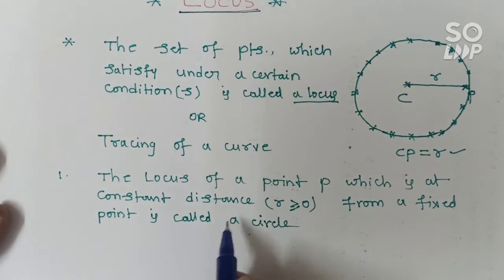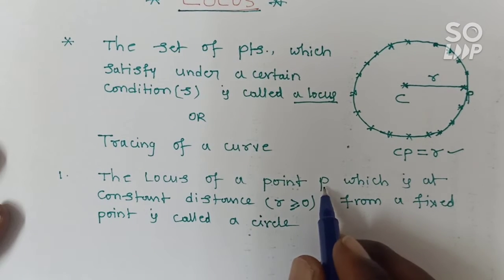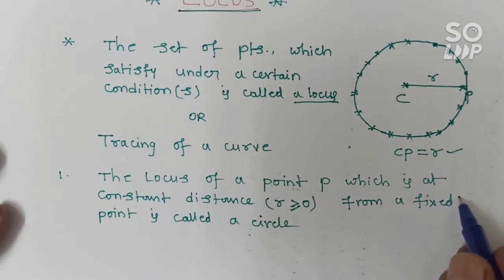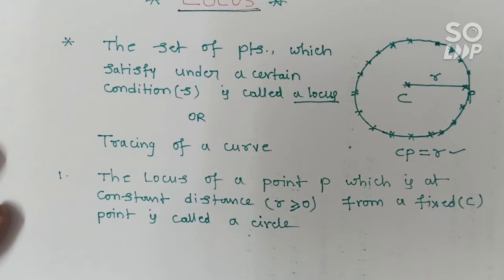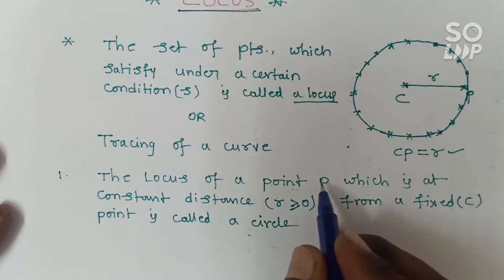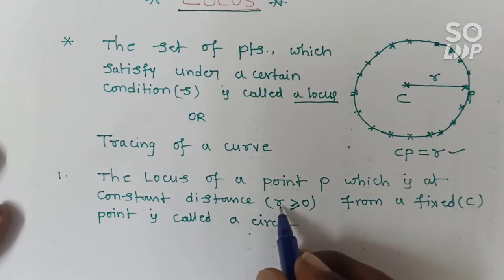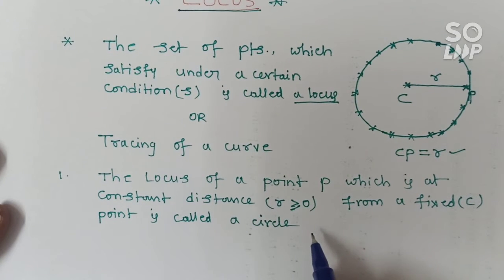So here what is the condition? The distance of P from the fixed point, here you take that fixed point as C. So here CP equals R. If this condition is given, that represents a circle.